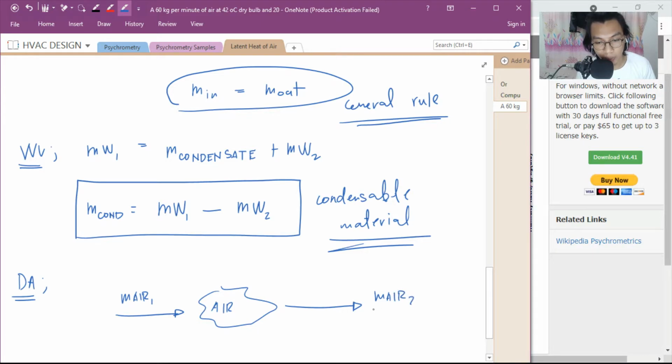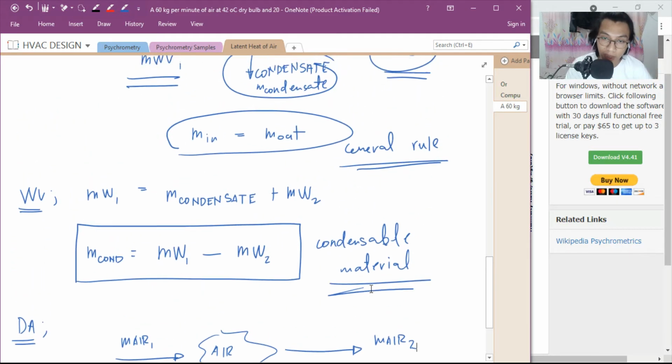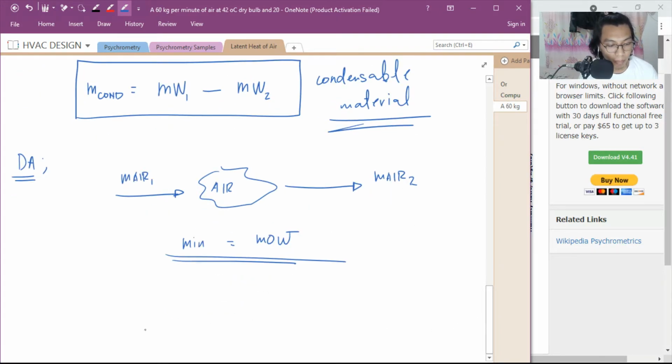It's only air, so we're talking about non-condensate material here, which does not sweat or release water. So, mass in is equal to mass out. The mass entering here and the mass leaving here are equal to one another.